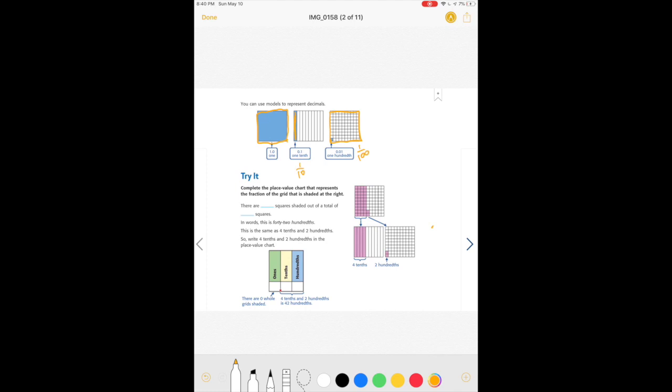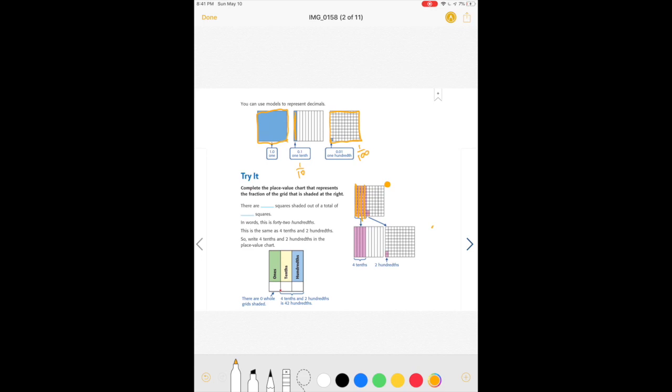Try it. Complete the place value chart that represents the fraction of the grid that is shaded at the right. So there are how many squares shaded out of this whole square? Well, each of these rows is 10. So 10, 20, 30, 40, 1, 2.